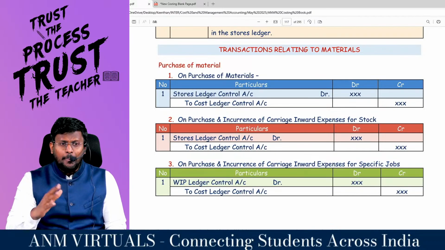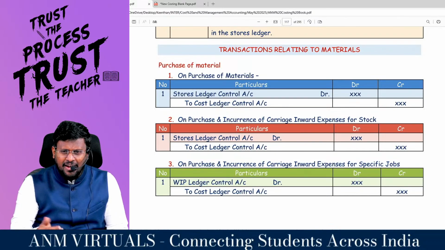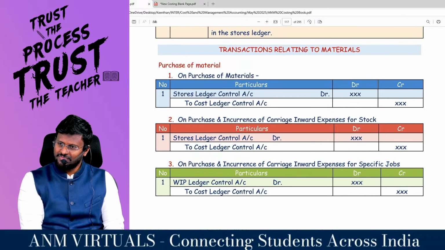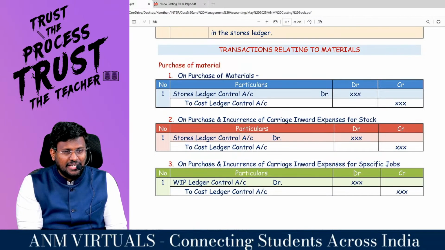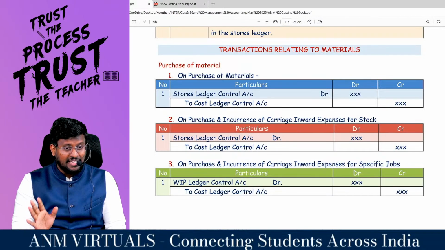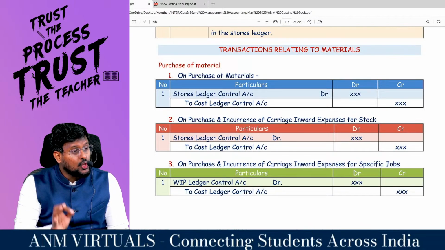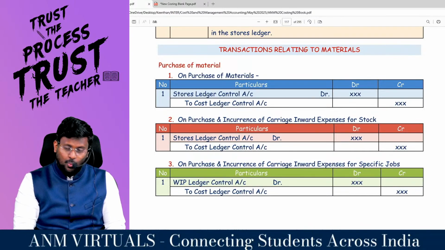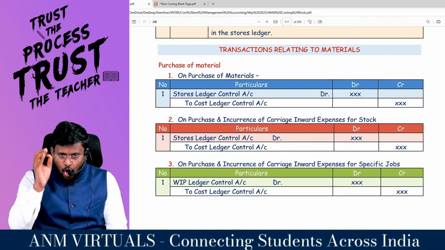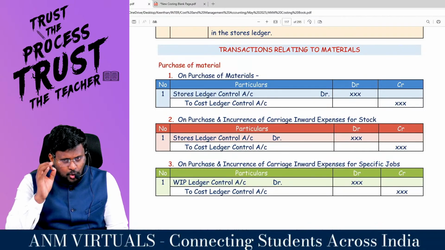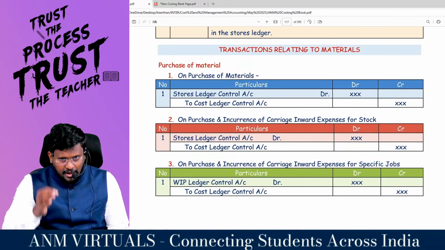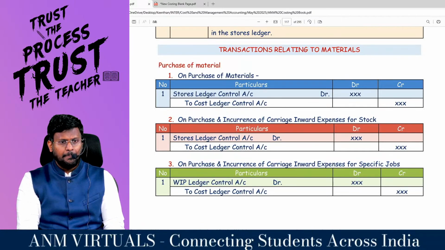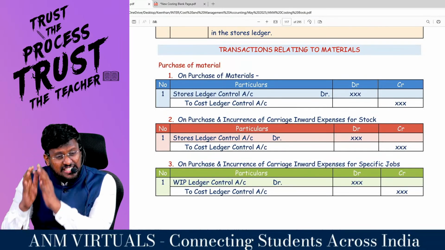There, raw material purchased is recorded as purchases to cash or bank, purchases to creditor. But here it is not like that. It is like the stores ledger control account, because all the transactions relating to raw material should be recorded there, because that is the cost center.